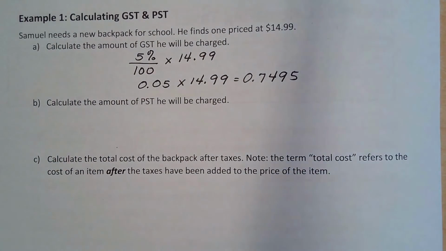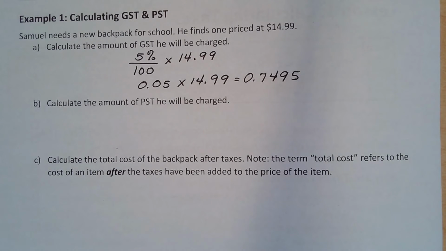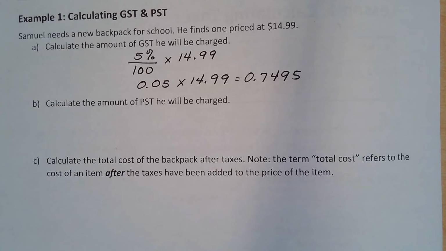Now, that's what I got. What am I missing? The dollar sign, because we're talking about money here, and two decimal places. We have to round it off to two decimal places. So how do we round off again?